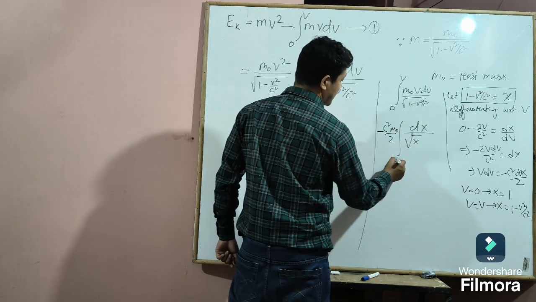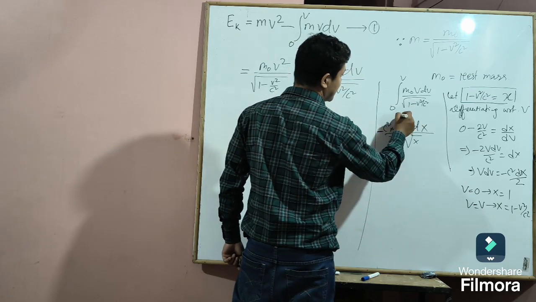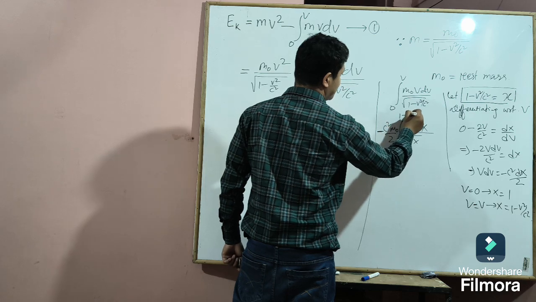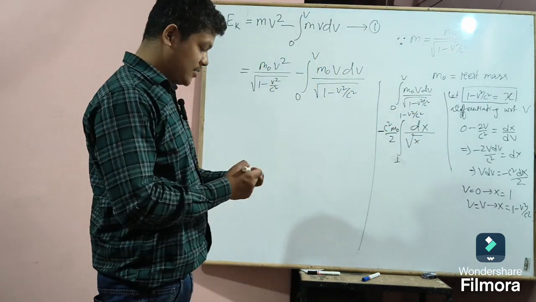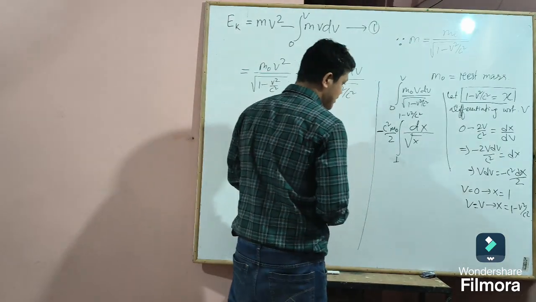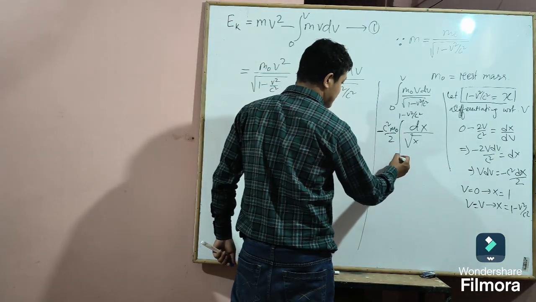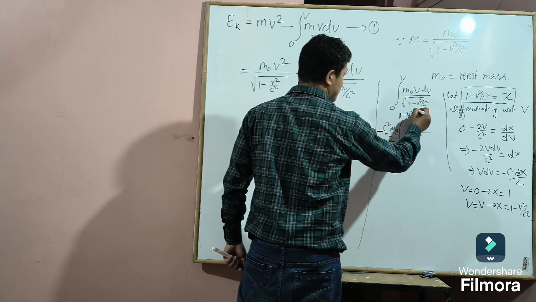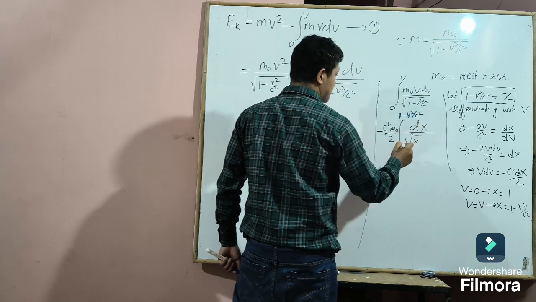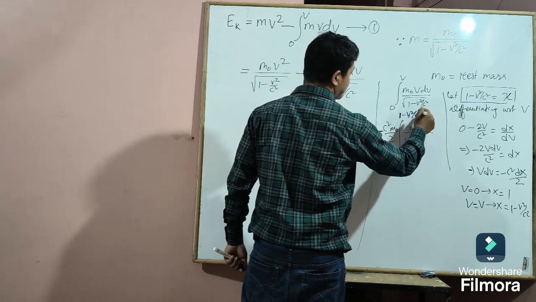So here we're going to put x is equal to 1, and here we're going to put x is equal to 1 minus v square by c square. That's what we're going to put, right? So this is the lower limit now, and this is the upper limit. Okay, this is what we have got. So hope you have understood this.